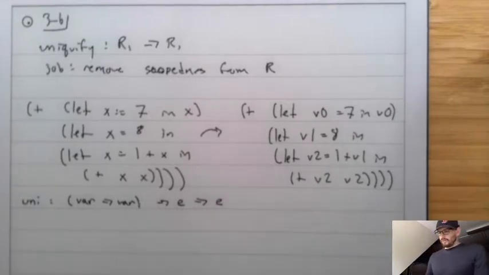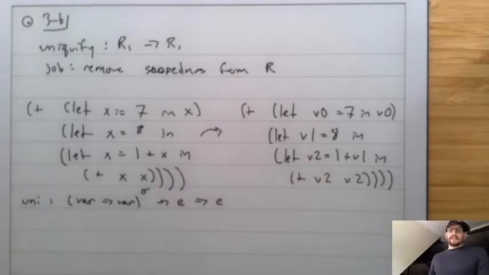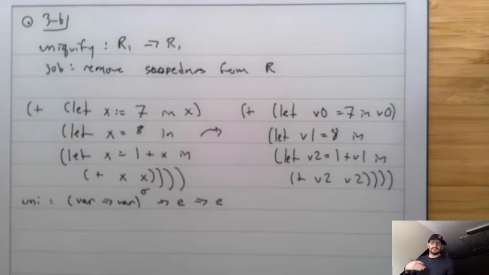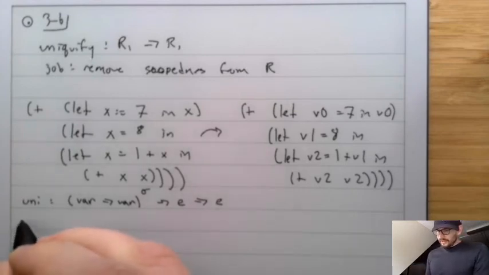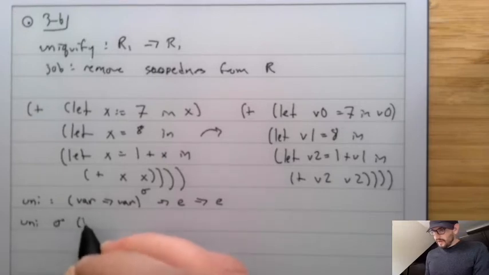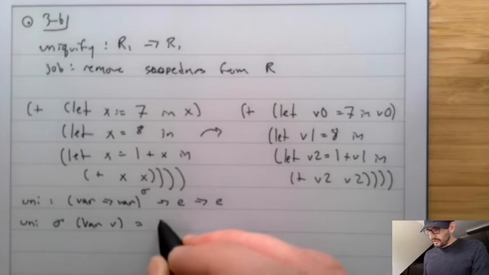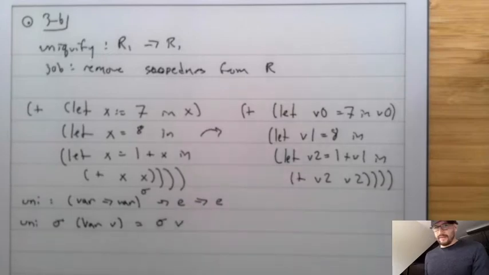The reason we call it rho is because rho starts with an R, and this is a renaming. So the definition of uni is very simple. So uni of rho and a variable v is equal to just calling rho on that variable v, because it's going to look it up and figure out what the new thing is.